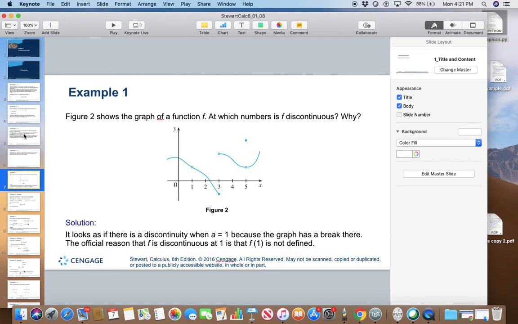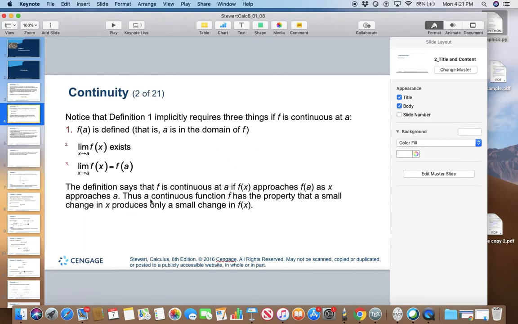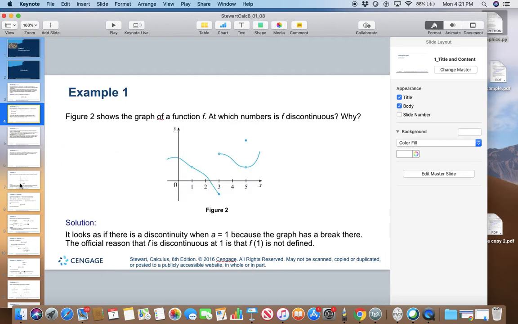So remember, I was saying that f has the property that a small change in x produces only a small change in f(x). Look at a point like this. A small change in x does not change much in y. Whereas here is 3.